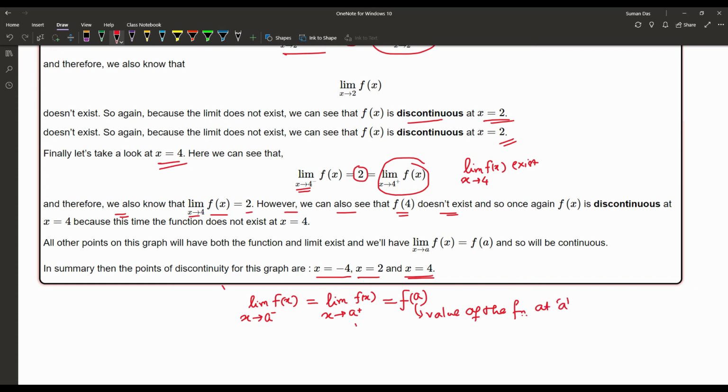When these three values are the same, we can say the function is continuous at that particular point.